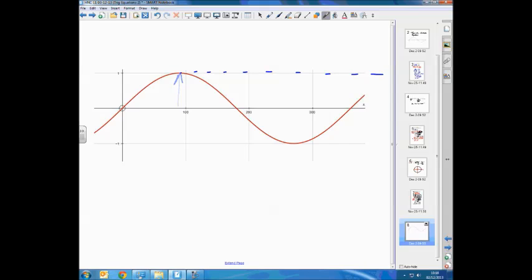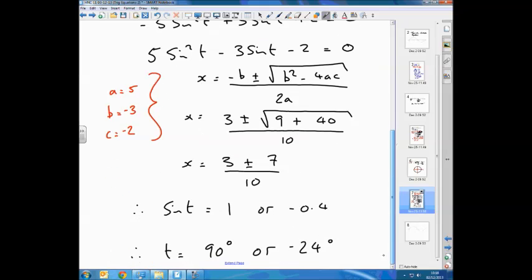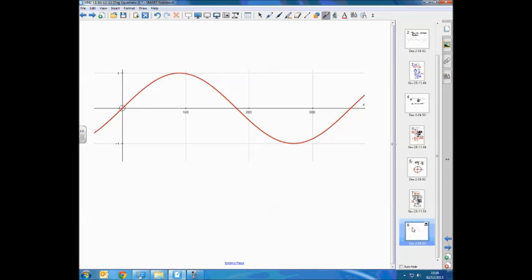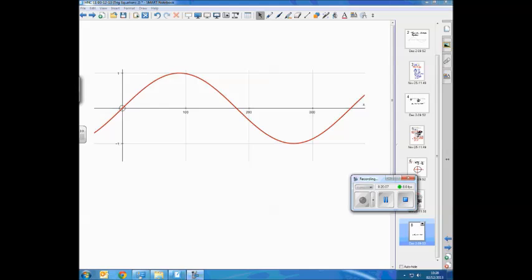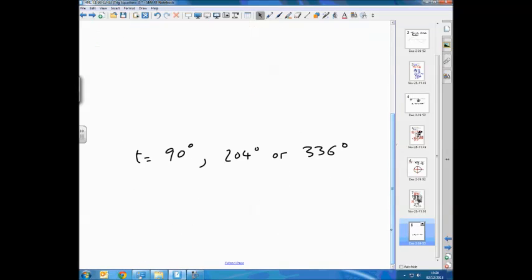But we've also got minus 24 degrees, which is going to be around about here somewhere. So again, we're after that value and that value. I'll leave you to finish that one off, and hopefully you'll come up with the following solutions. So t equals 90 degrees, 204 degrees, or 336 degrees.